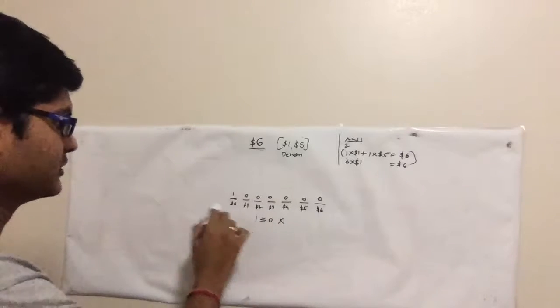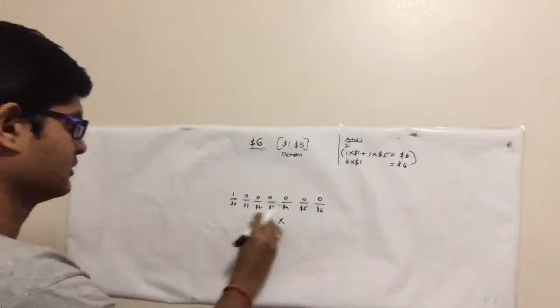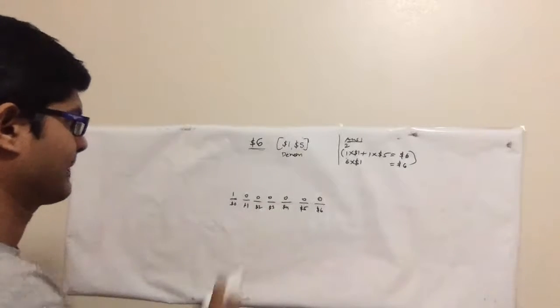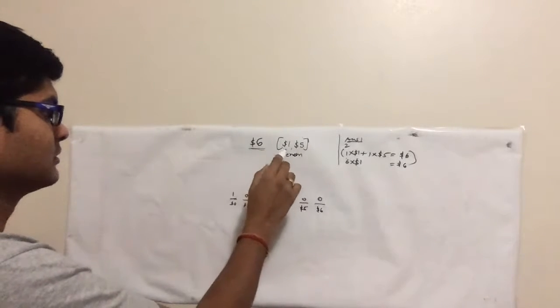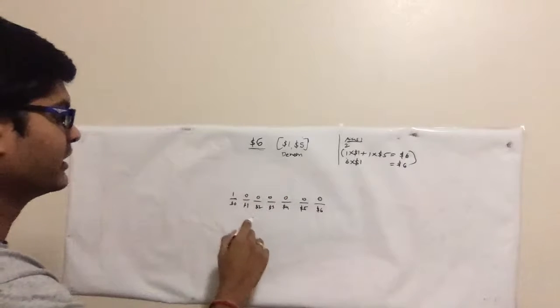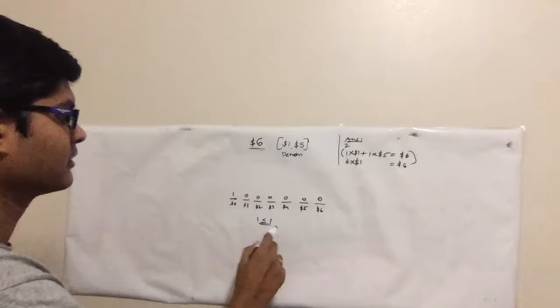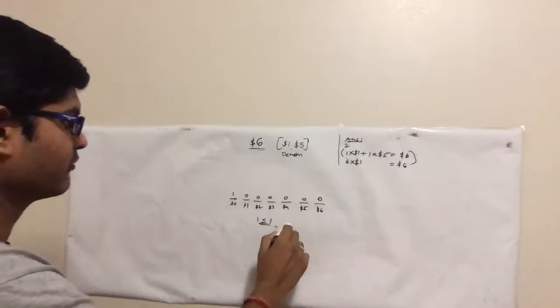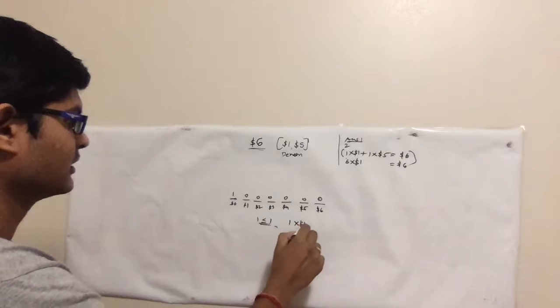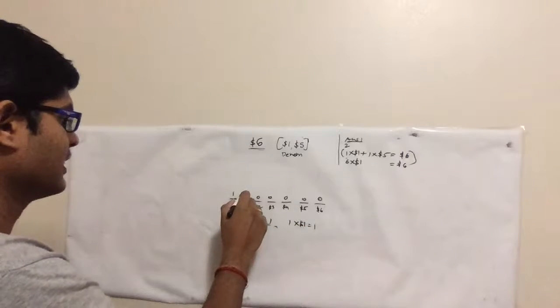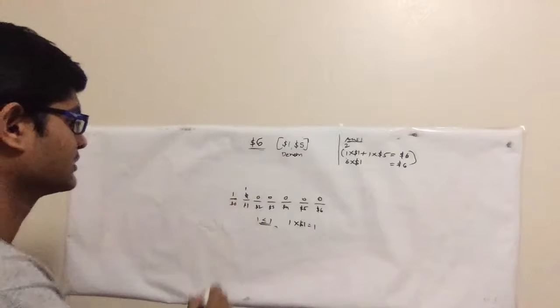So this is not possible. We have a $1 coin, so we can definitely make the $1 target amount. In how many ways? One way. 1 into $1 is equal to 1. So I'm updating this as 1.